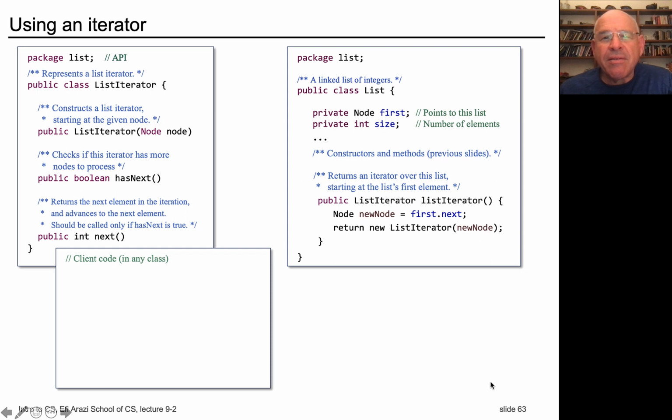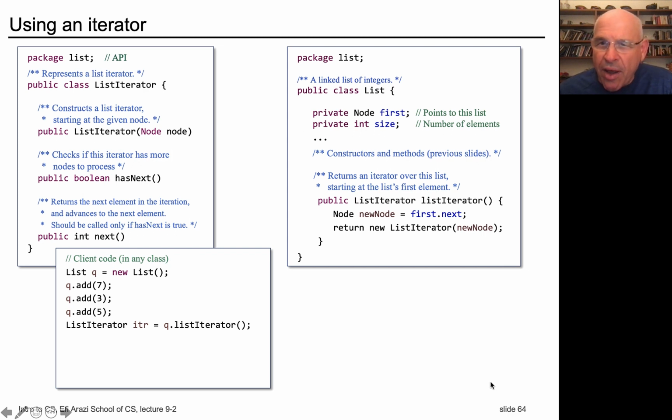So the client sees mostly the list class. Okay, the client can also use the list iterator, but actually everything that the client does goes through the list class. So the client begins by creating a list, and then the client says, I want to create an iterator over this list. So we create an itr object variable, and we call the listIterator method from the list class. And from this point onward, I can use the services of this iterator.